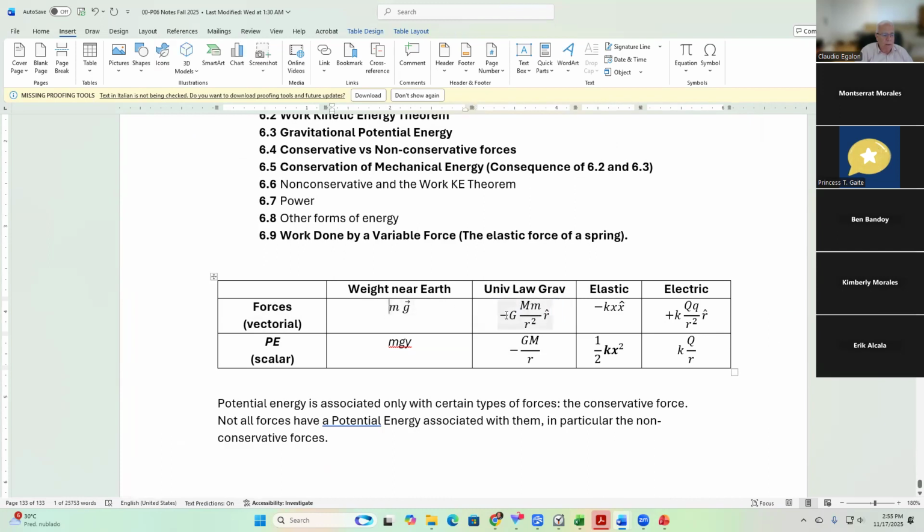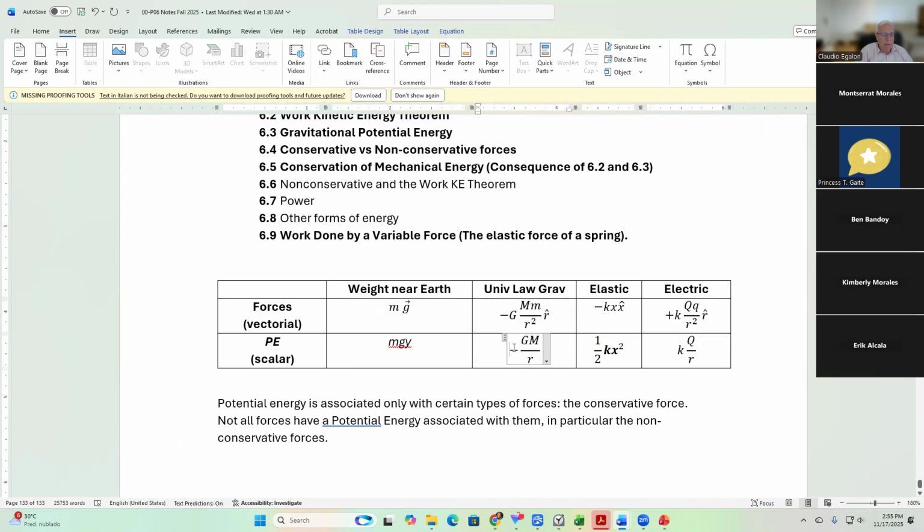So what you see right in here, don't forget, is an approximation of what you see right in here, okay? The corresponding potential energy, which is a scalar quantity, for the weight nearby the Earth is mgy. And the corresponding potential energy for the universal law of gravitation is going to be something like that.